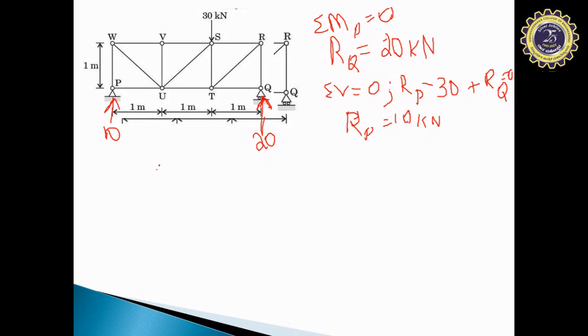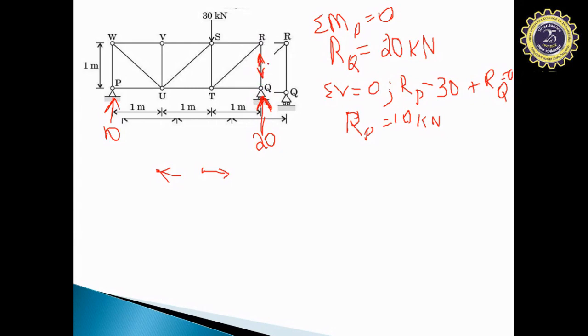Whatever force is coming towards the joint is called a compressive force, and whatever force is going away from the joint is called a tensile force. Since it is coming towards the joint, even in the member RQ the force should be compressive in nature in order to keep this joint in equilibrium.